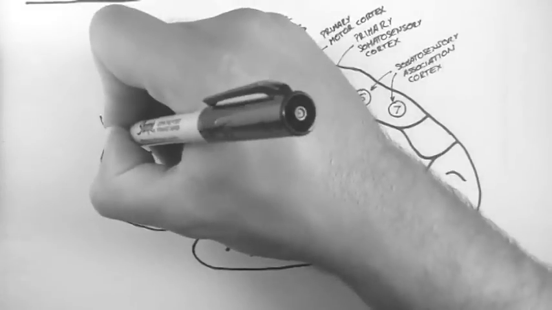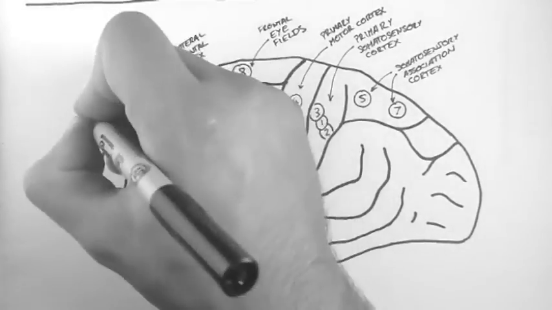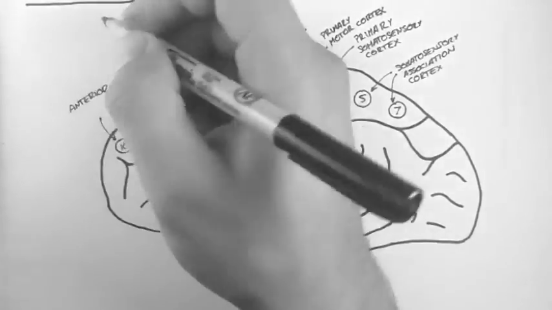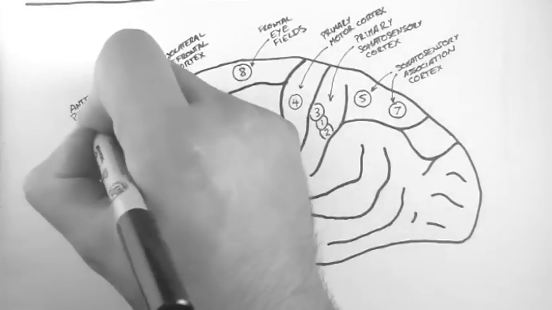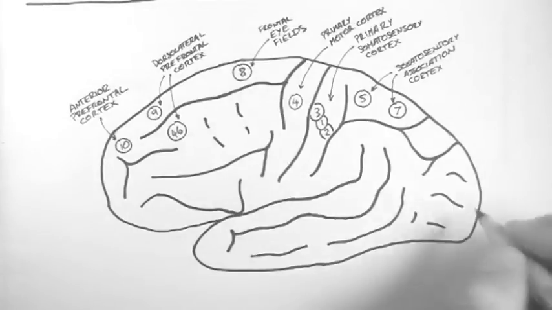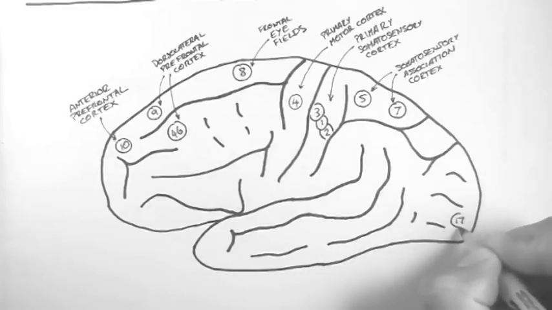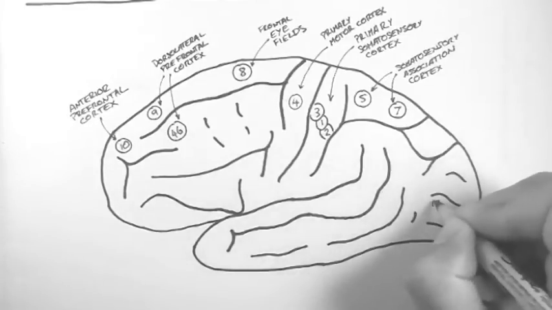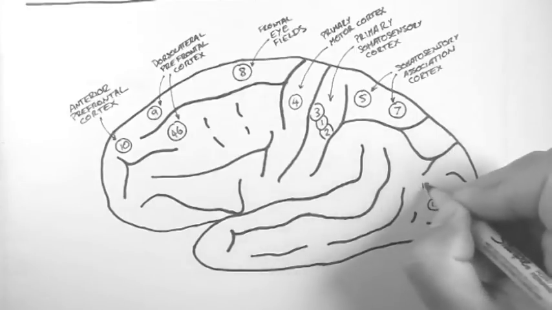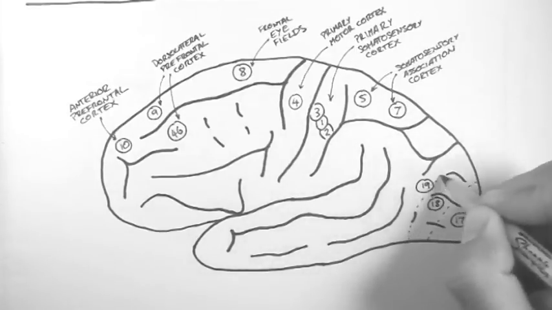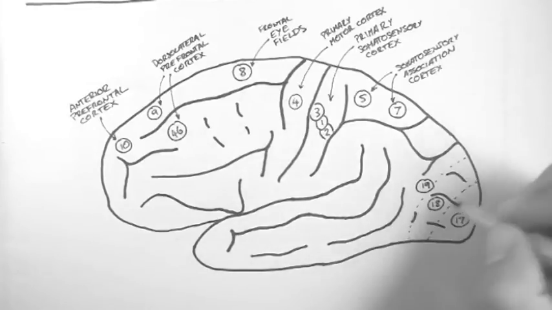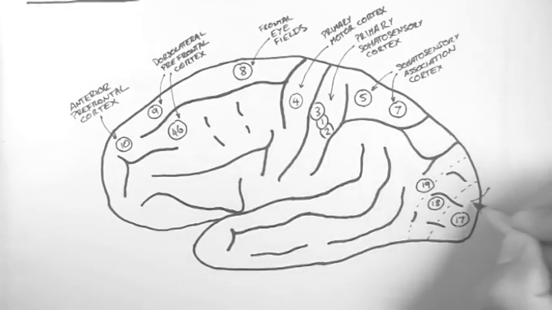Now, Brodmann area 10 at the front is the anterior prefrontal cortex. And this is involved in higher cognition. Up the back here, we have Brodmann areas 17, 18, and 19. And these are in the occipital lobe. 17 is the primary visual cortex.